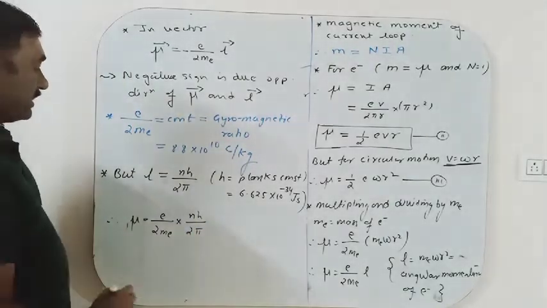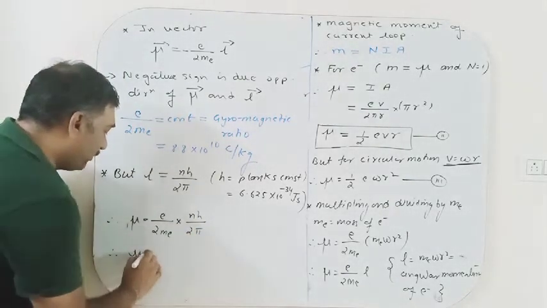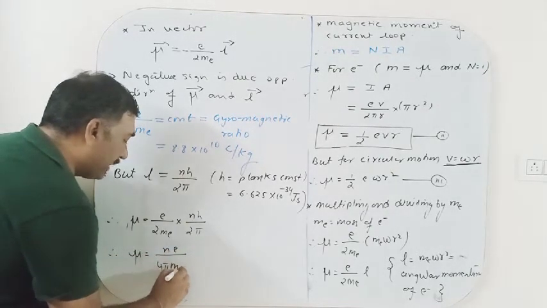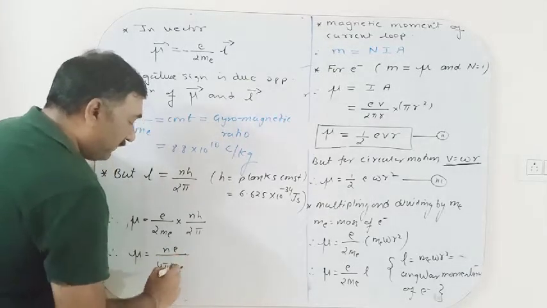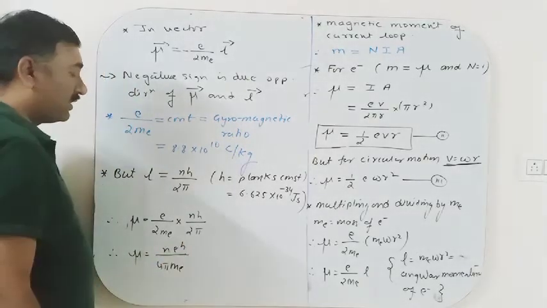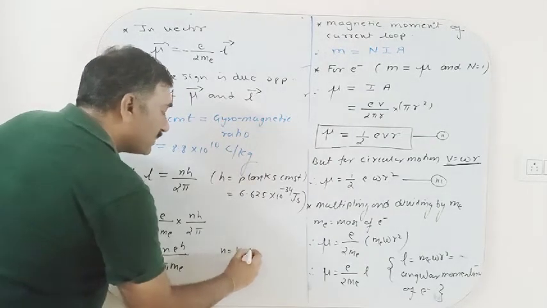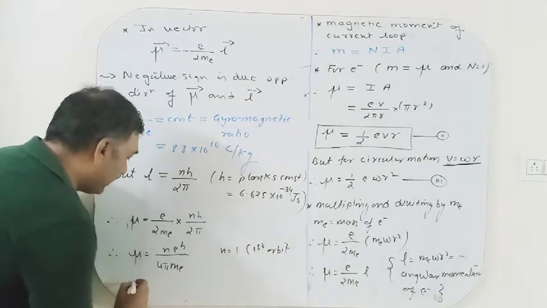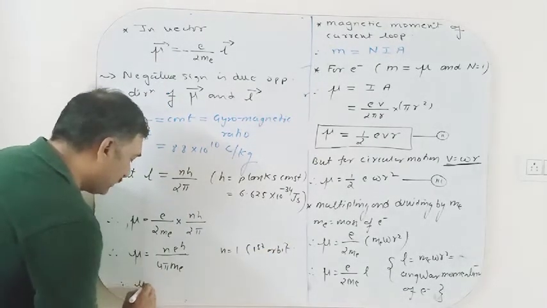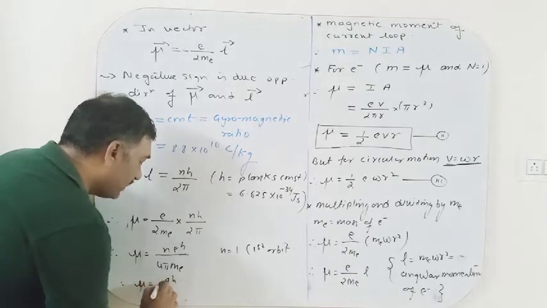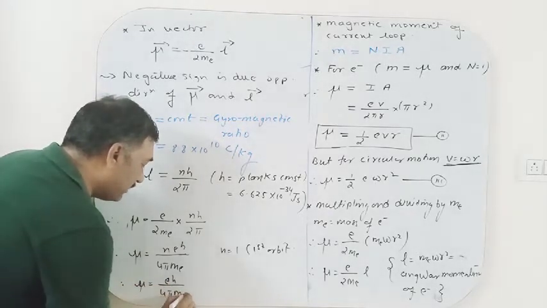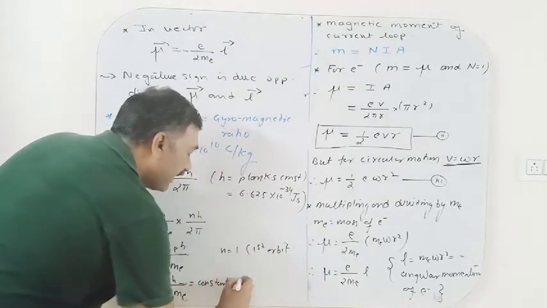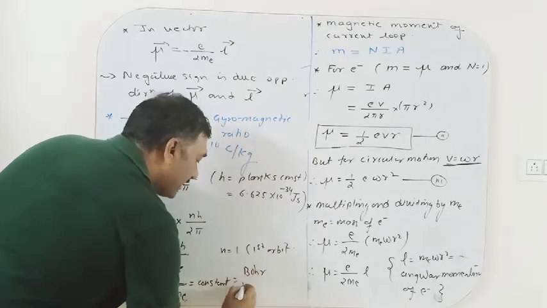So what is the result? Mu is equal to NE divided by 4 pi ME into H, for N equal to 1, because it is the first orbit. Then the result becomes mu is equal to EH divided by 4 pi ME, which also remains constant, known as Bohr's magneton.